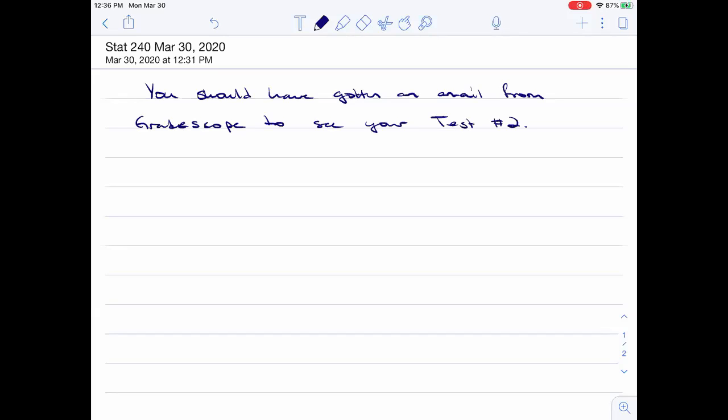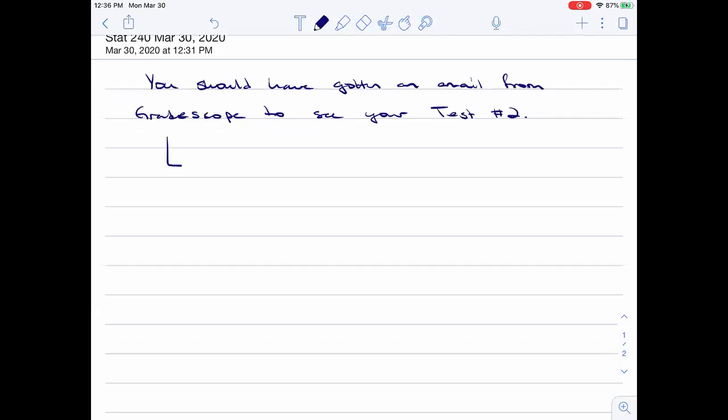So you should have gotten an email from Gradescope to see your test 2. If you're having trouble setting your password, and this was in the email that went out too, and I added a second blurb myself, there's a default email, of course.